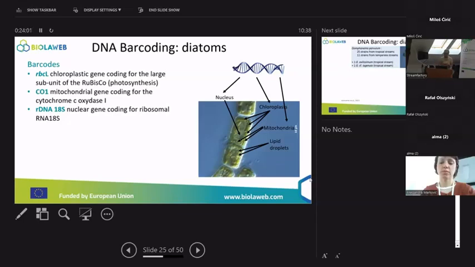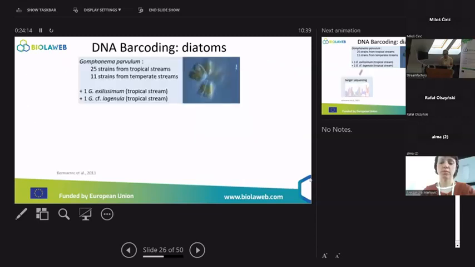We wanted to compare all these potential barcodes and see if they can help us to have a better knowledge of some species. We did an experiment on one species, Gomphonema. Lenaïque is probably online today. So hello, Lenaïque.